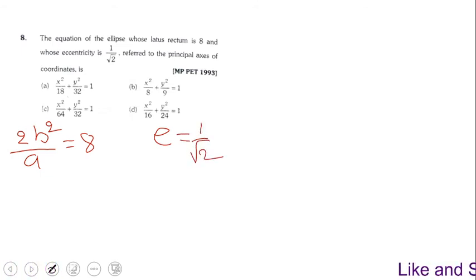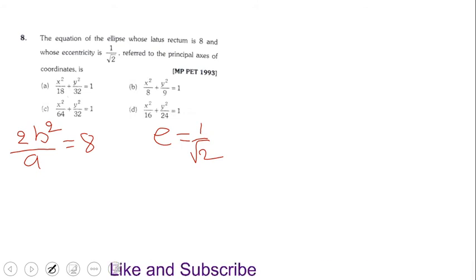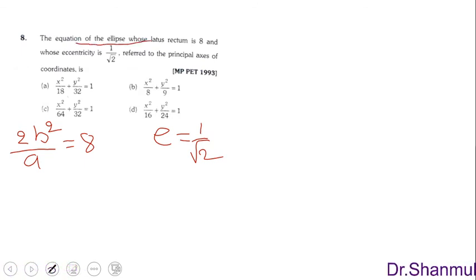These things are given, referred to the principal axis of coordinates. So using these two equations, we have to calculate the values for a and b, substitute them in the standard formula, and find the equation of the ellipse here. So the question is very clear.